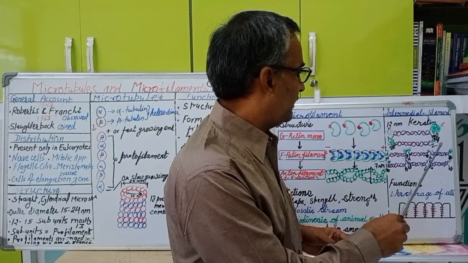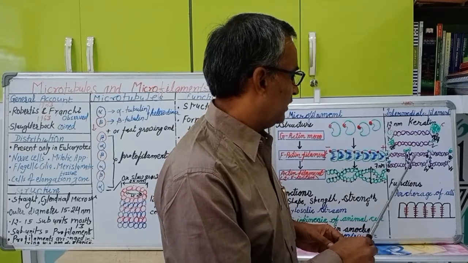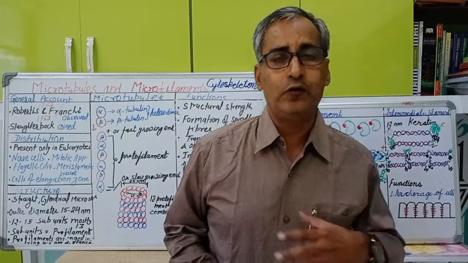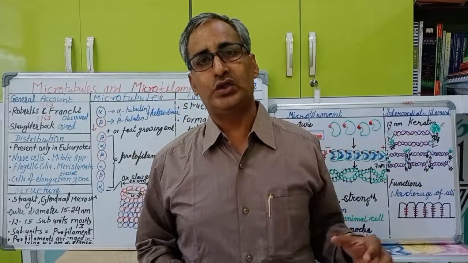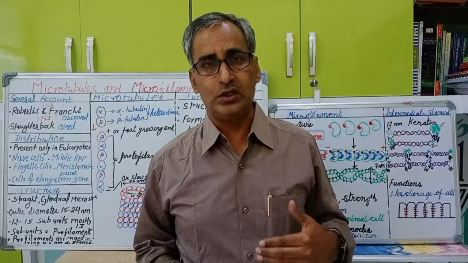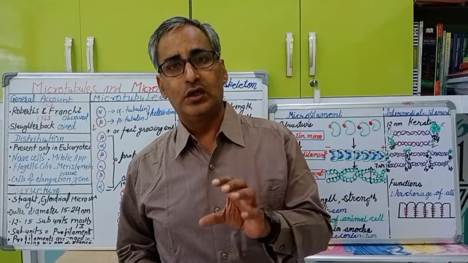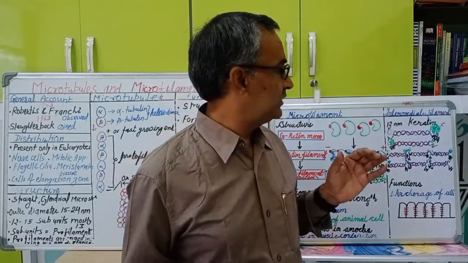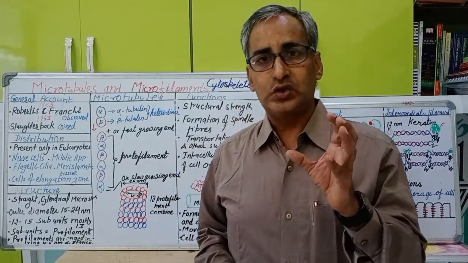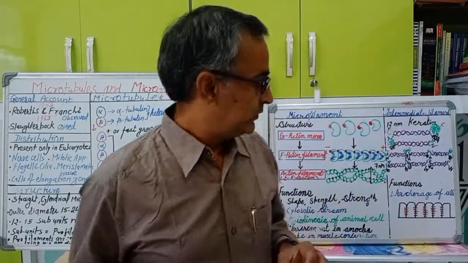Such tetrameric structures join one after another and form a long structure, and these long structures further intertwine and form a rope-like rigid structure, and this rigid structure gives strength to the cells.